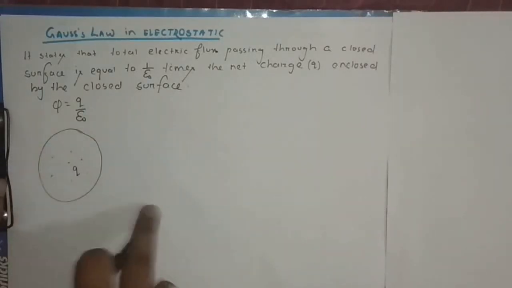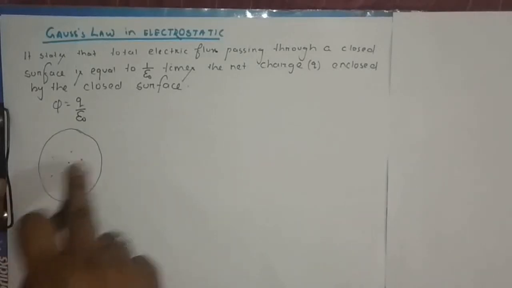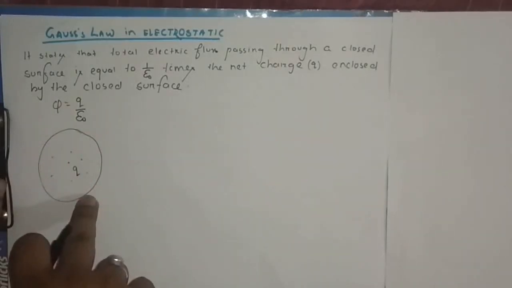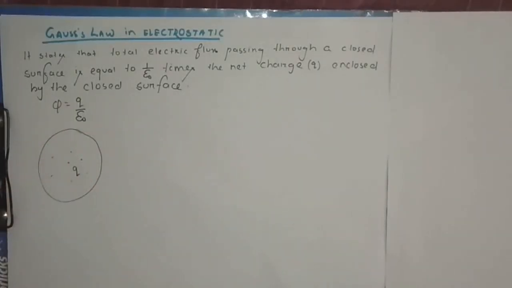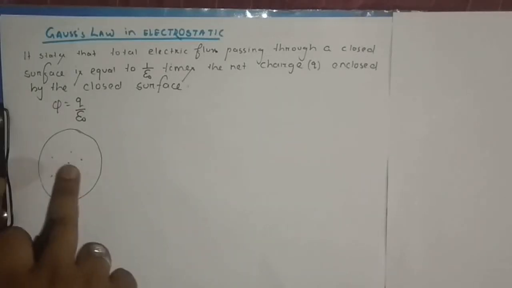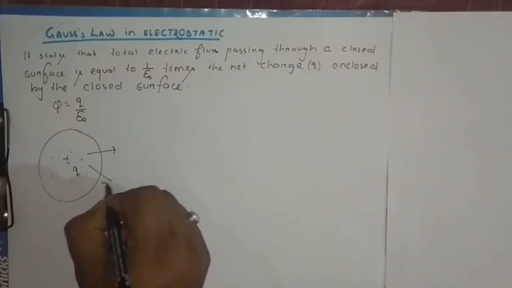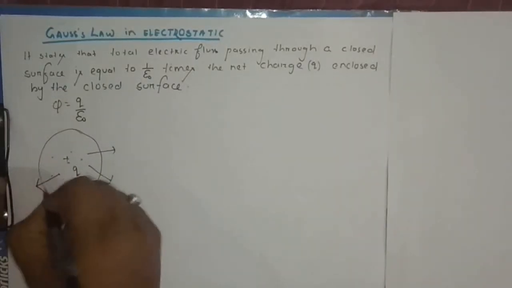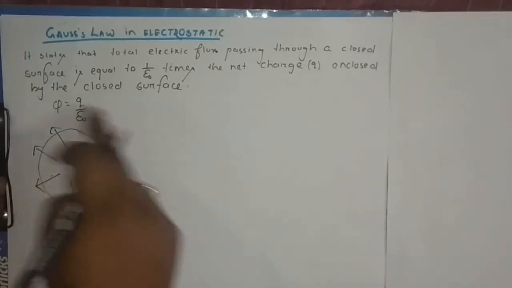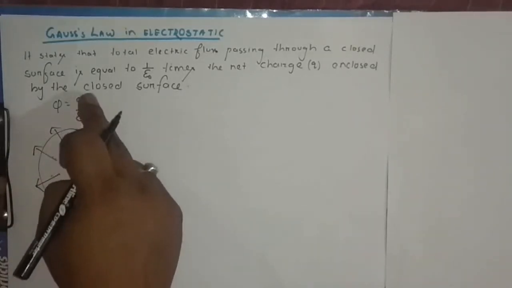Because plus means the electric field is outward, minus means the electric field is inward. Now suppose these are positive charges, and these are the directions of the electric field, then the net flux is Q by epsilon naught.